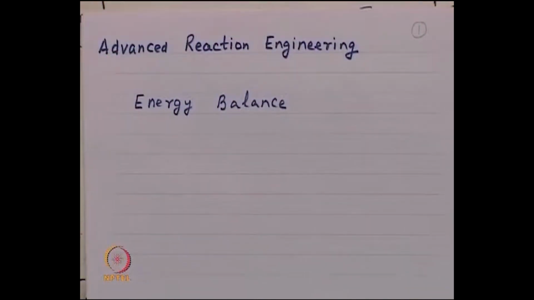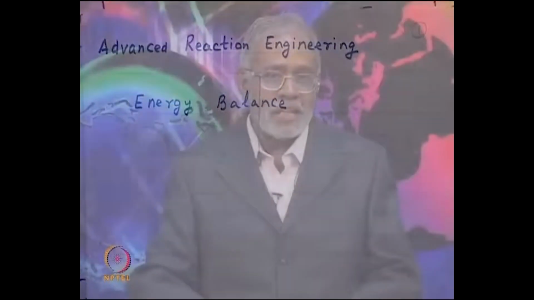Today we will be looking at chemical reactor energy balances. Energy balance is something that is so central to chemical reaction engineering, because we have to supply heat or we have to remove heat, and then we must design our systems so that the amount of area that is required for the heat addition or heat removal is appropriately and correctly done, so that the reaction proceeds as we expect it to proceed.